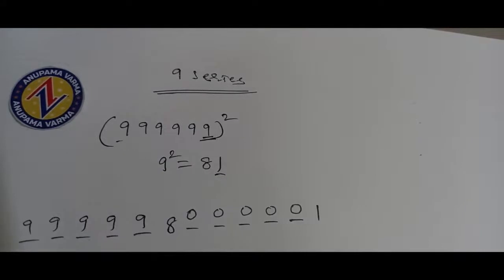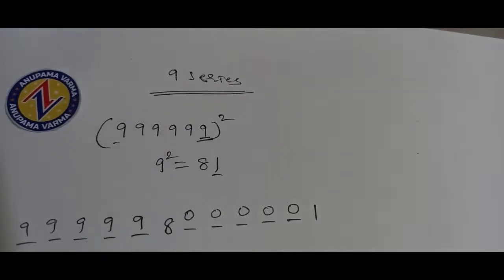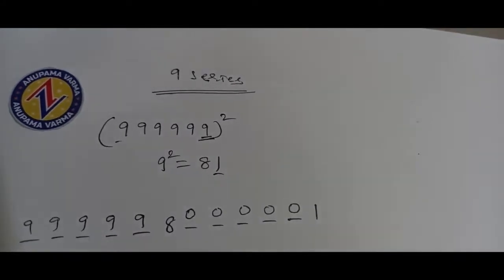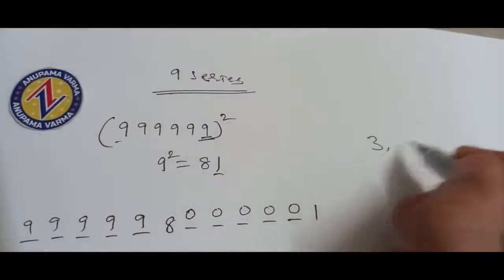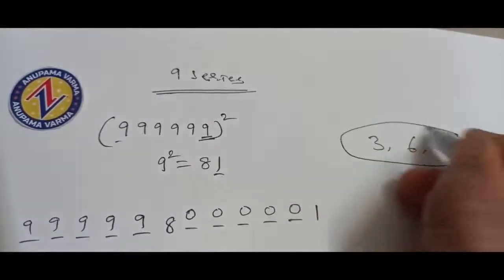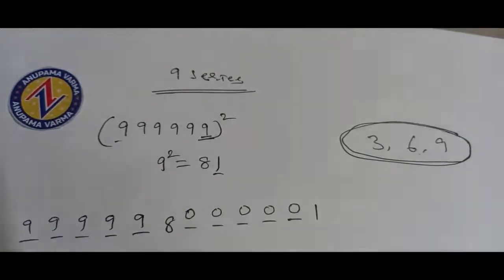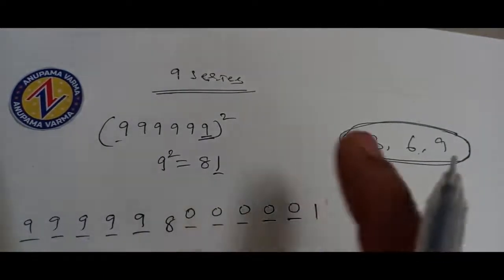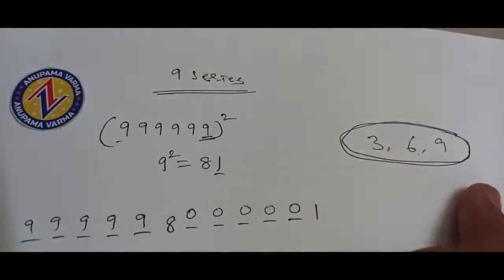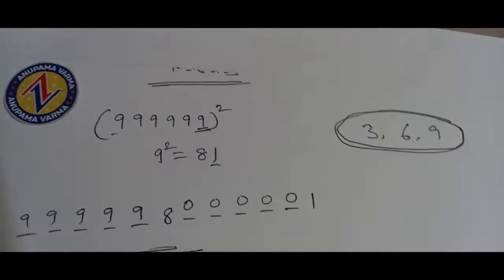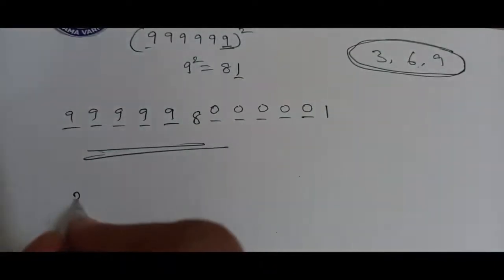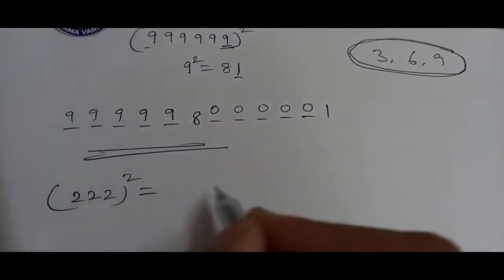So simple, no? One thing you keep in mind, this technique is useful only for 3, 6, 9. For remaining numbers, you can follow the same technique we followed for 222 square. 222 square, how we did?